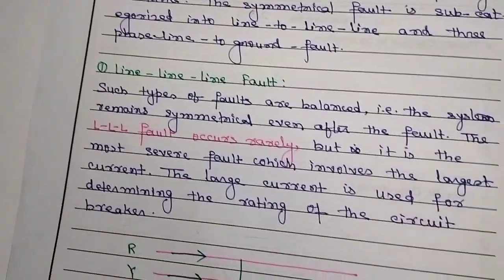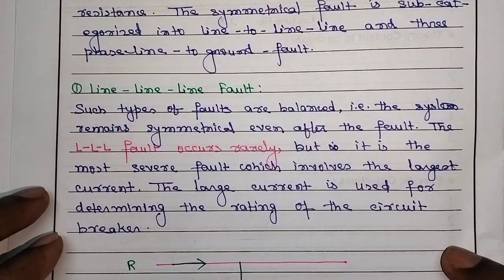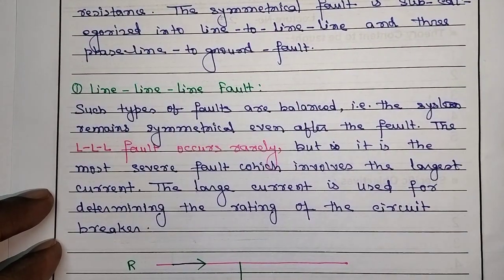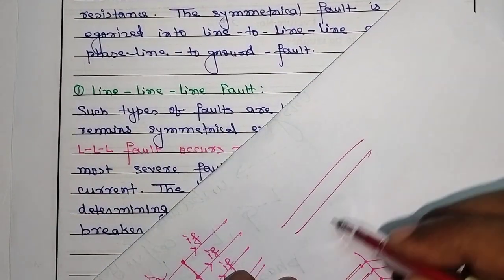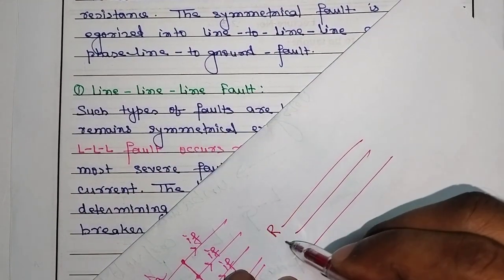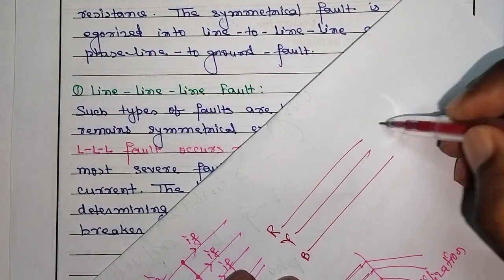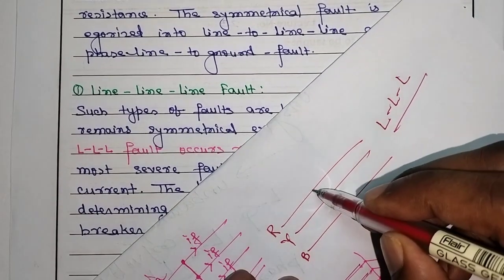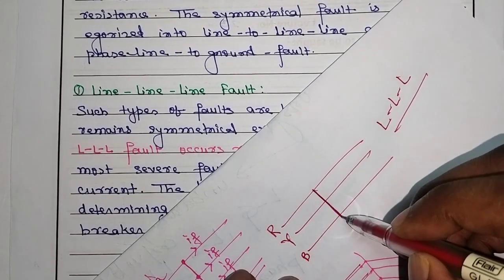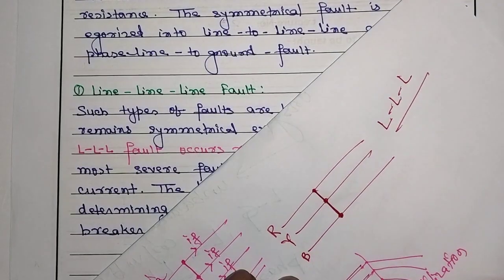Now we'll see the line to line to line fault. The word itself shows it. Suppose these are the R, Y and B conductors. Here it is said line to line to line fault, so all three of the conductors are involved in such type of faults.